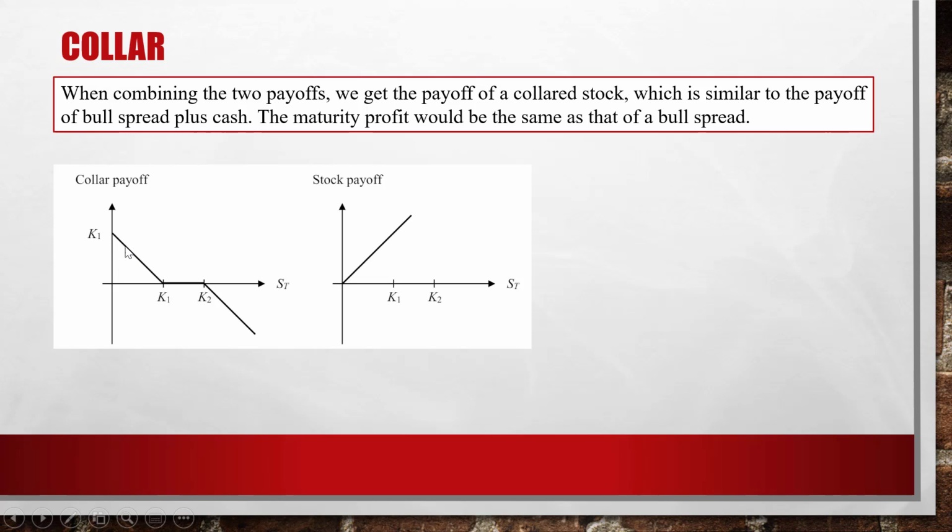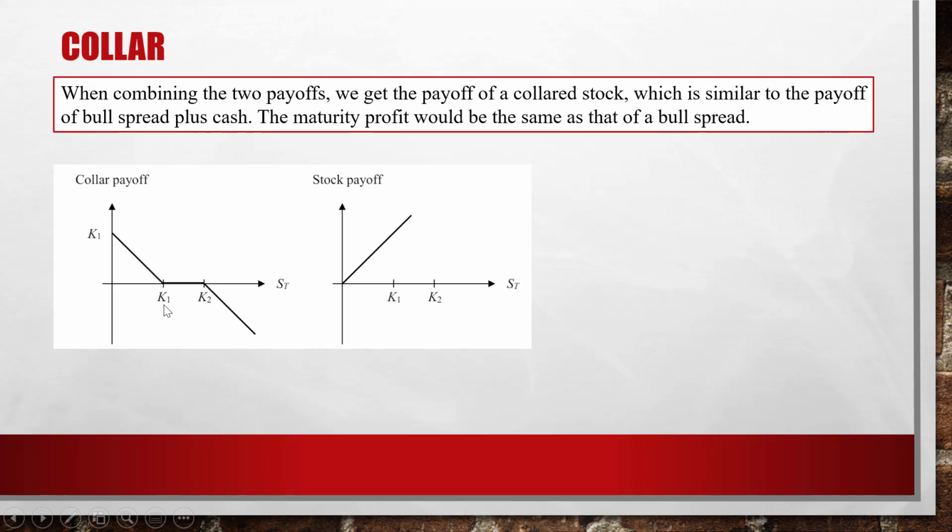Then anywhere in this section, when you combine them together, it should be exactly K1. And at K1, the collar payoff is 0, and the stock payoff is K1. So when you add them together, you also get K1. So on the first interval, the combined payoff should be K1. It should be a horizontal line.